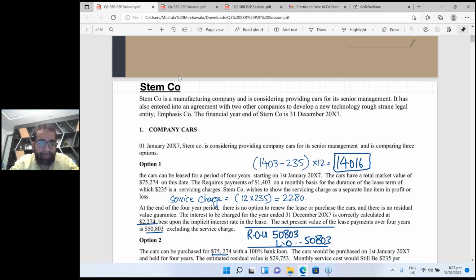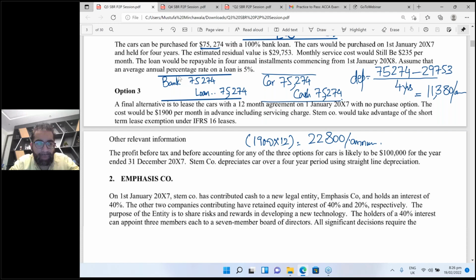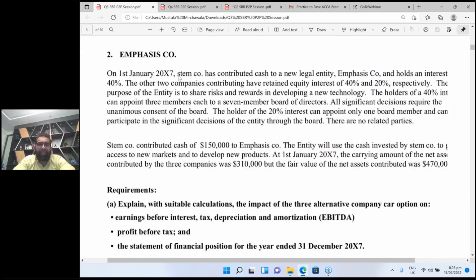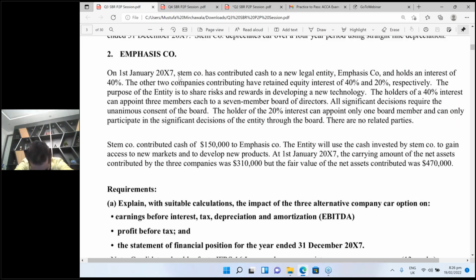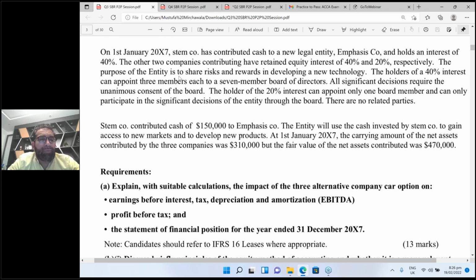Go check the requirement of the first question. Explain with suitable calculations the impact of the three alternative company car options on EBITDA, profit before tax, and the statement of financial position for the year ended.